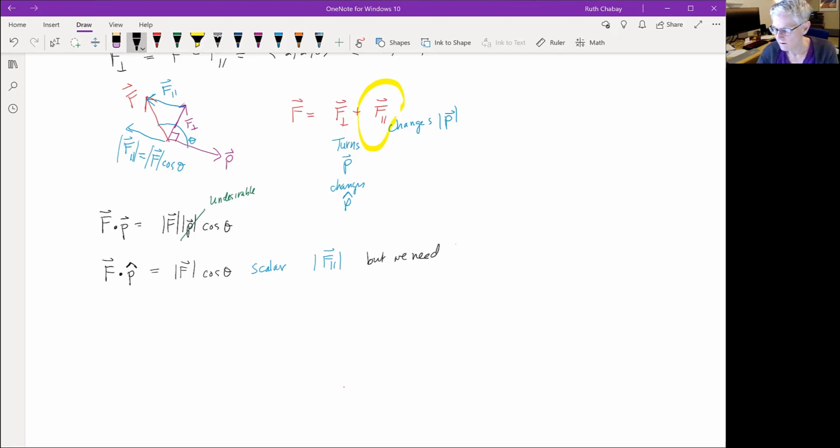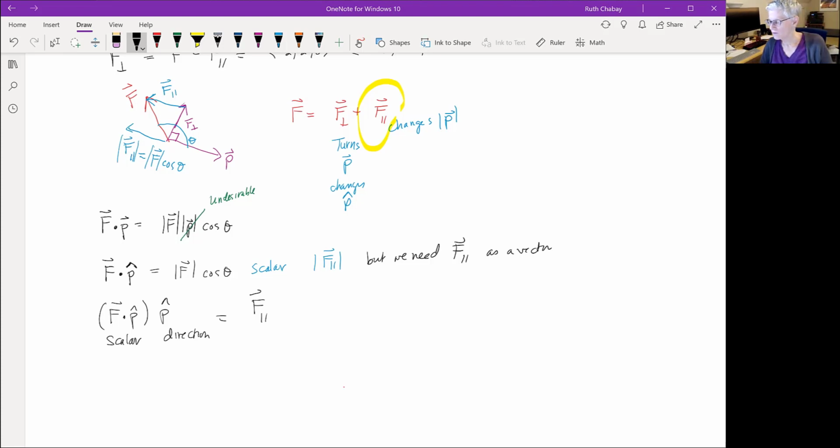Well, we already know the direction. The direction was P hat. So if we multiply this F dot P hat, which is a scalar, times P hat, then we get F parallel.